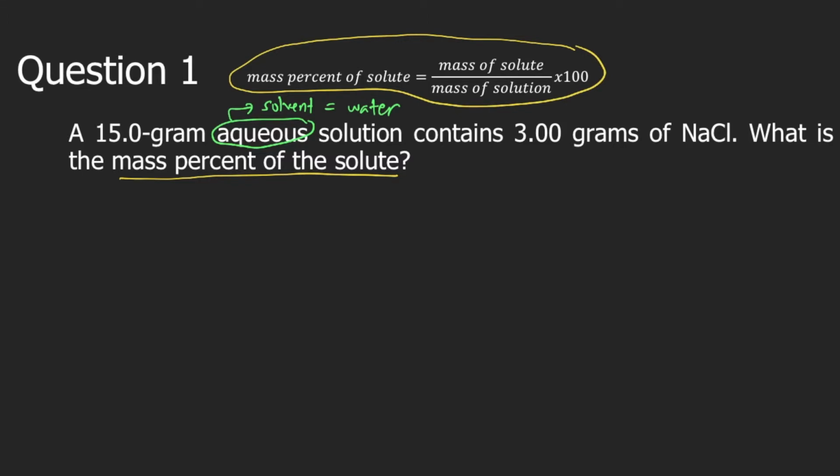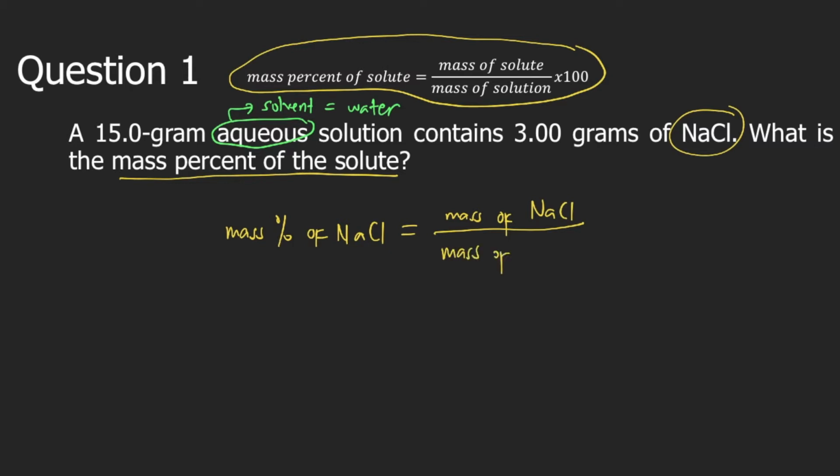Mass percent of solute, our solute is obviously NaCl. So mass percent of NaCl is equal to mass of solute, so mass of NaCl divided by mass of solution times 100.